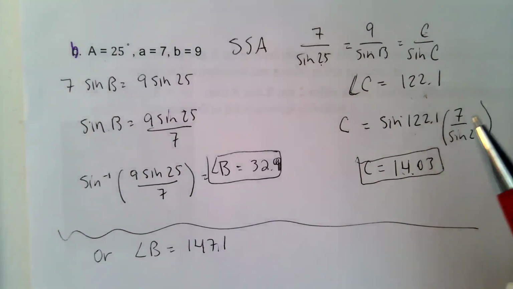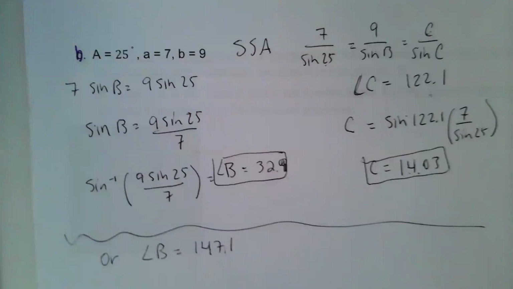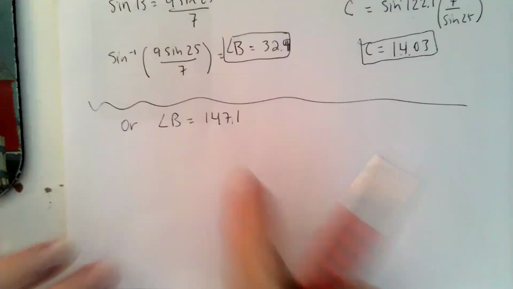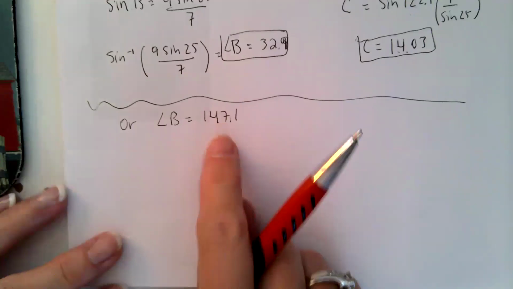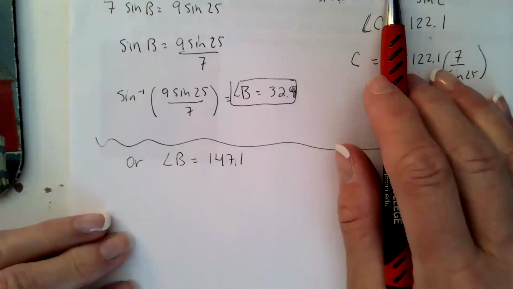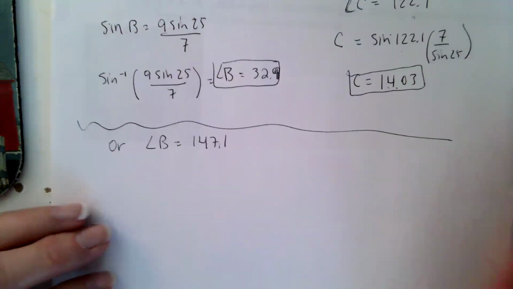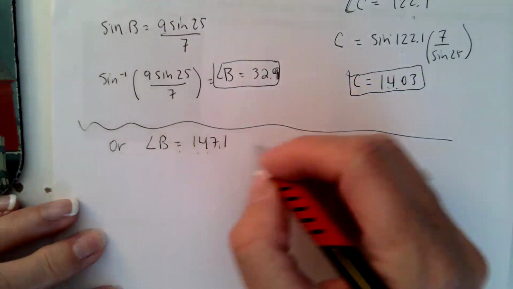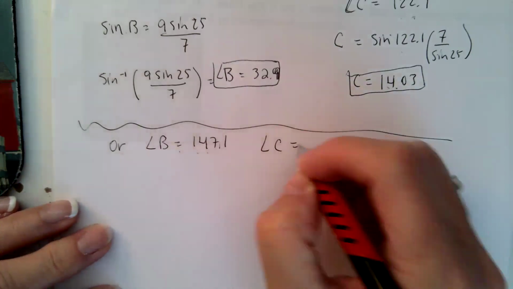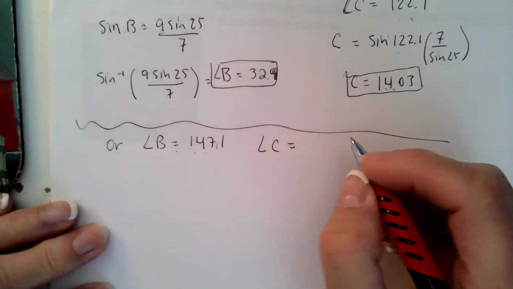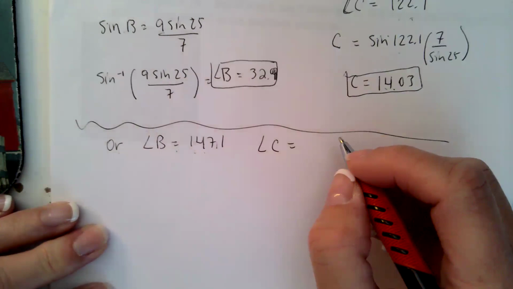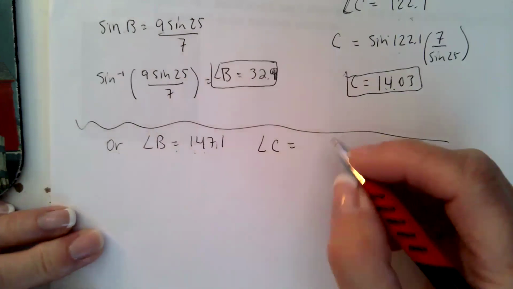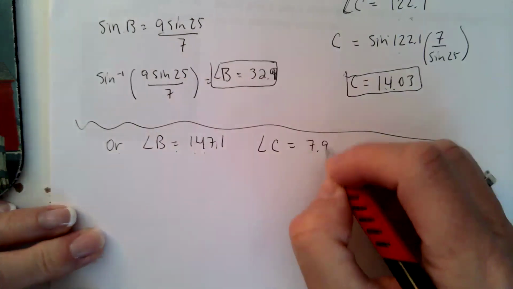And then the other situation is if B is the larger angle, the 9 will be the longest side. And in that case, we need to find C. So if B is 147, then the angle C will be only 7.9.